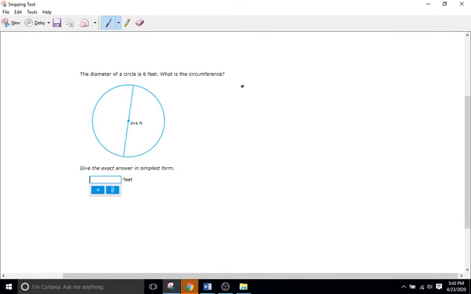I'll write the easier one first. Circumference is just C, so the circumference equals pi d, or pi times d. And that's it. So all we have to do is multiply the diameter times the pi.